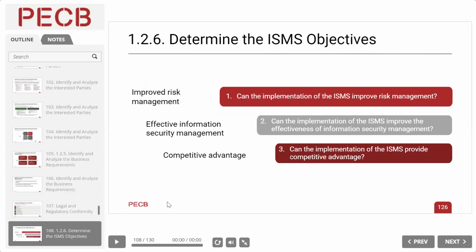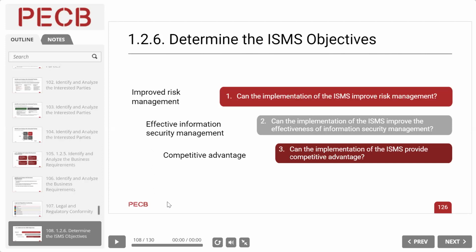It could be that we want improved risk management. It could be that we want effective information security management. It could be that we want competitive advantage. So these could be our management's objectives in implementing it.